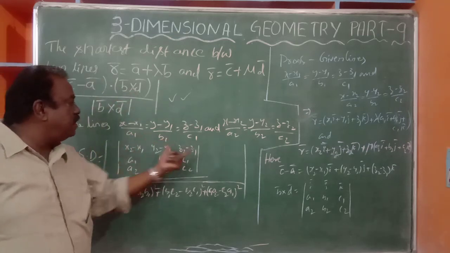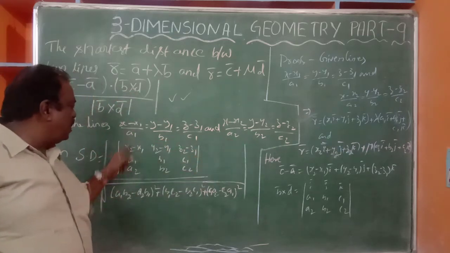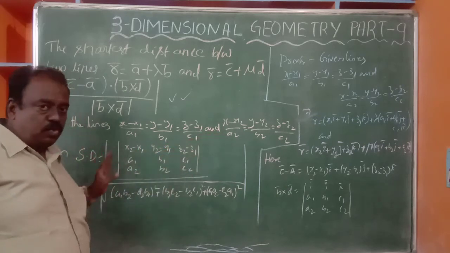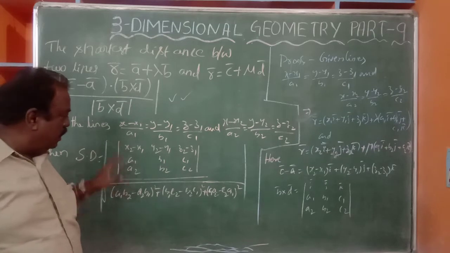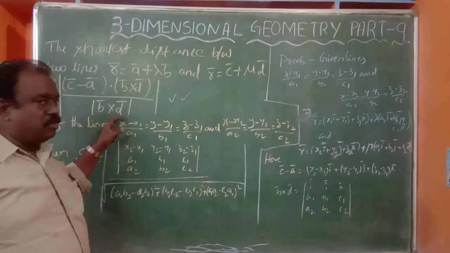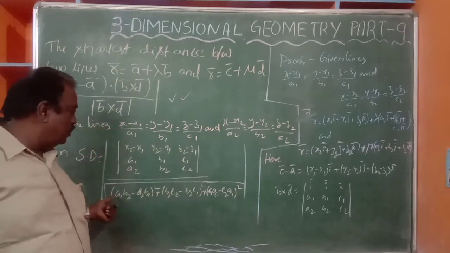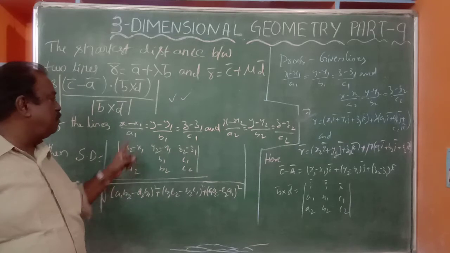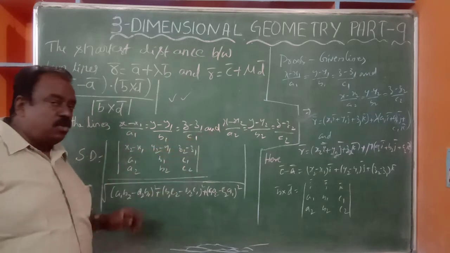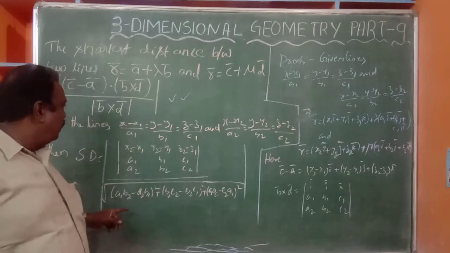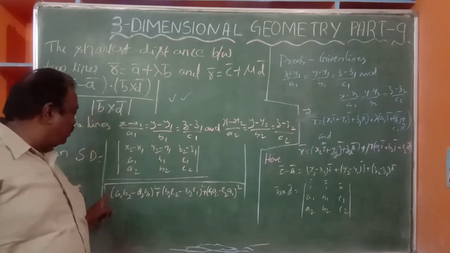This is b bar, this is d bar. You see, very simple: a1, b1, c1 and a2, b2, c2. That is a 3 by 3 determinant, divided by the modulus of b bar cross d bar, which we discussed in vectors. With these components, if you work out b bar cross d bar, you find its magnitude is simply this.